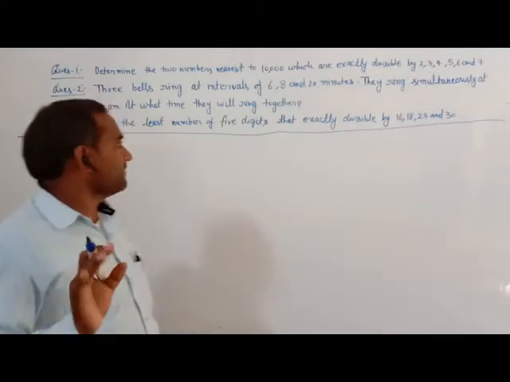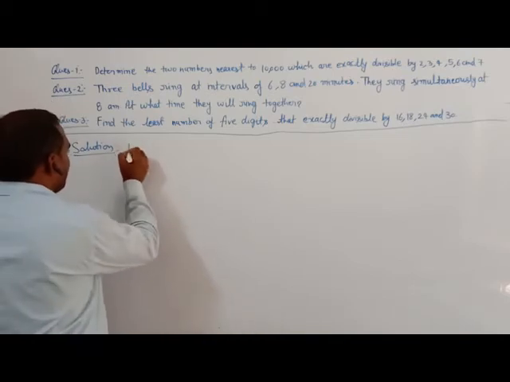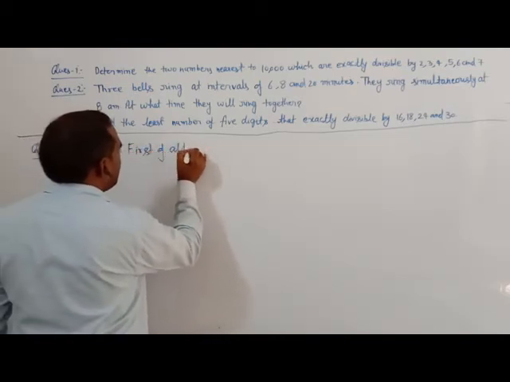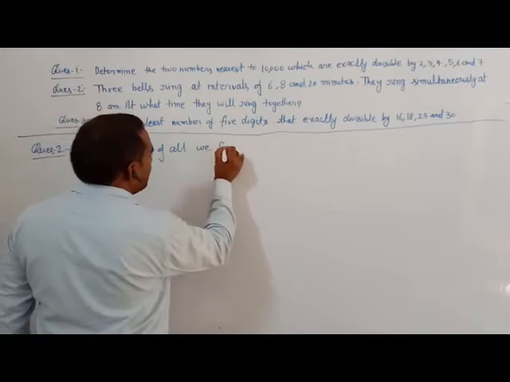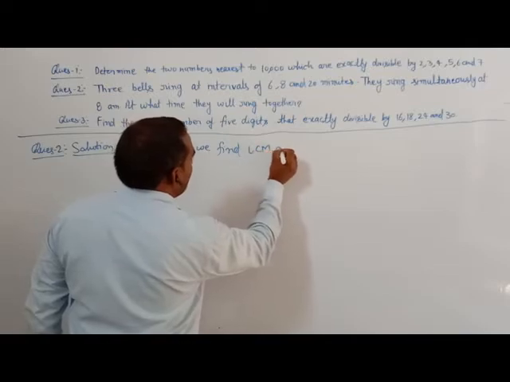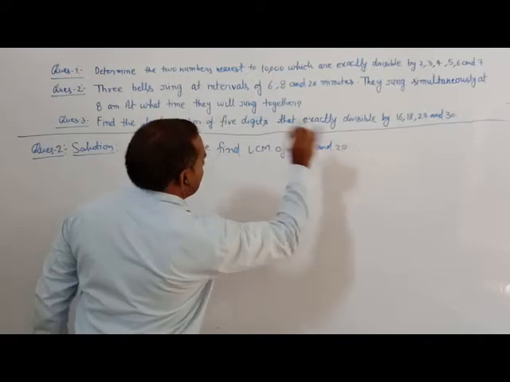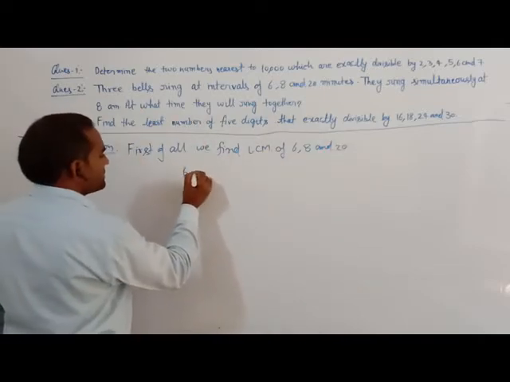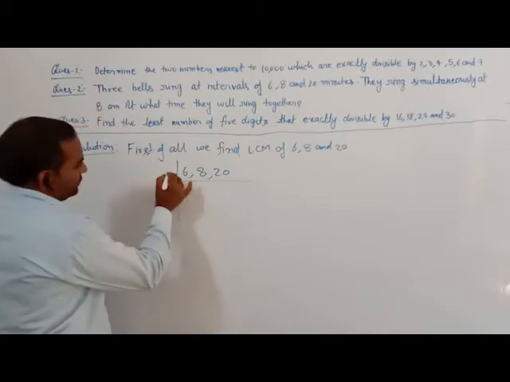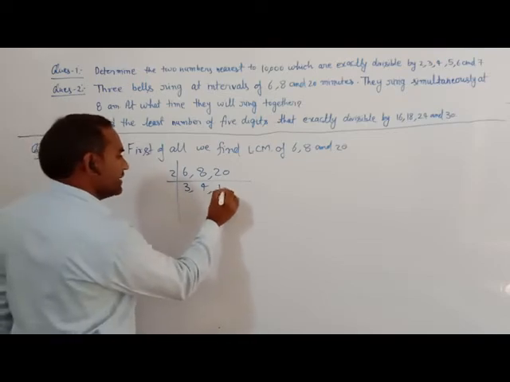So first of all we have to find the LCM of 6, 8, 20 by the continued division method. 2 threes are 6, 2 fours are 8, 2 tens are 20.